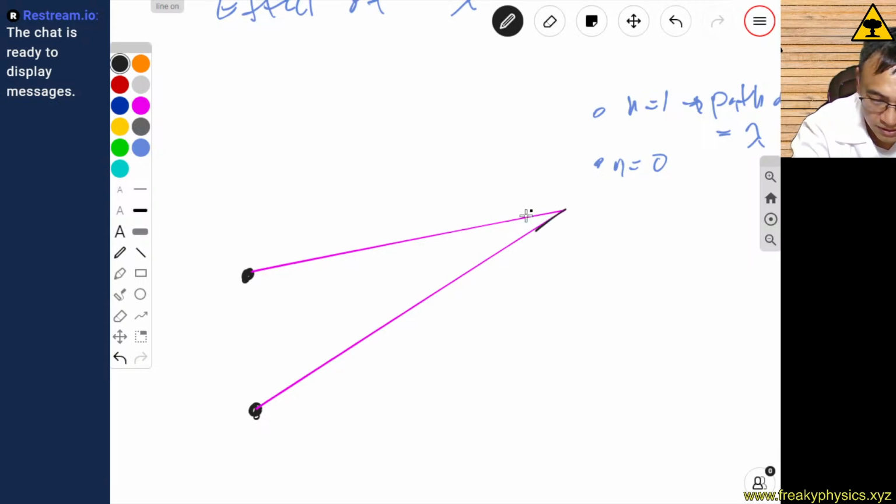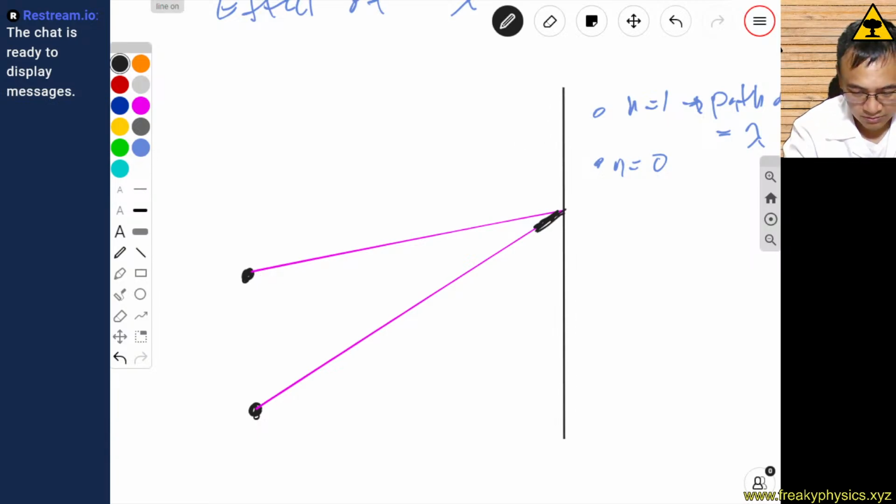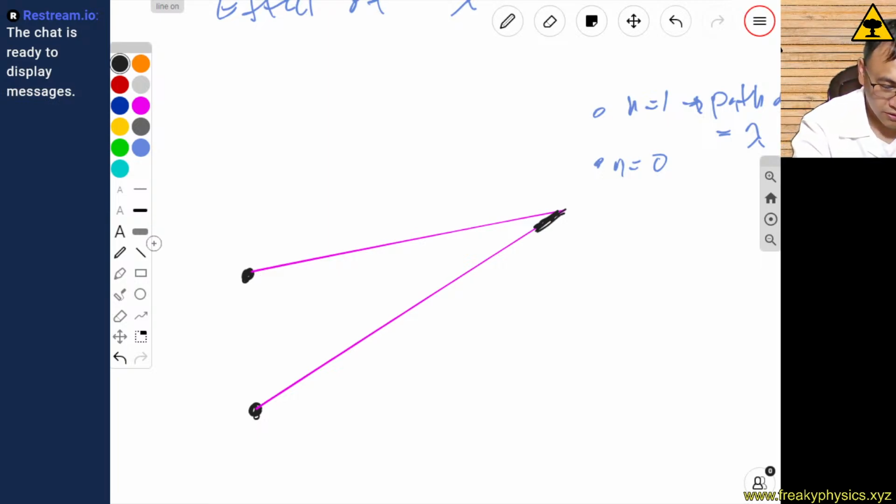So that's the path difference here. Now I'm going to draw another line. I'm going to go back to the line. Hopefully I can make it vertical this time. Oh, cannot do that. Let's try that again.